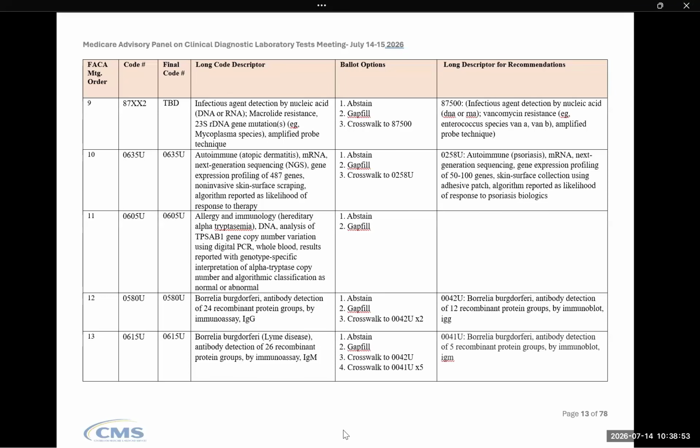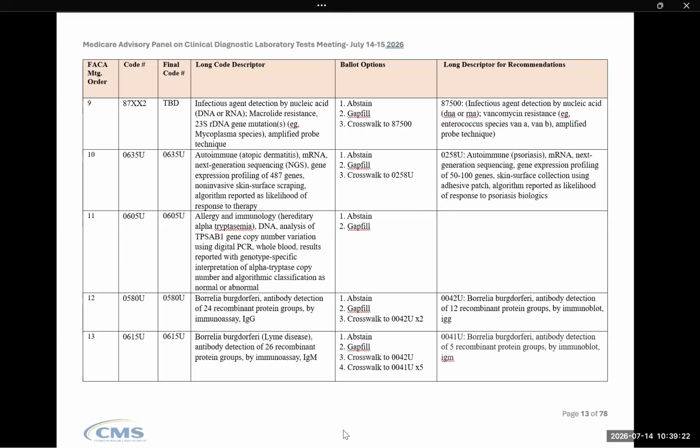All right. The next up is that similar code 0615U. Yes, this code is for the detection of the Borrelia Lyme disease pathogen, antibody detection of 26 recombinant protein groups by immunoassay for IgM. The sponsor had recommended gap fill. And last year we did not have any information on 0580U, which was the IgG version. And CMS had crosswalked that to 0042U.